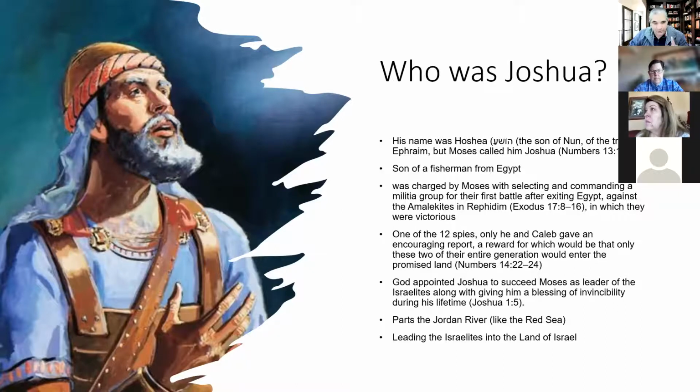This is a very, very important understanding, because if his name was just Hoshea, then people would have said the person was the one that delivered Israel. Joshua was the person that brought Israel into the land of Canaan. He himself was the great commander that the Israelites, because of him, succeeded in their campaign.